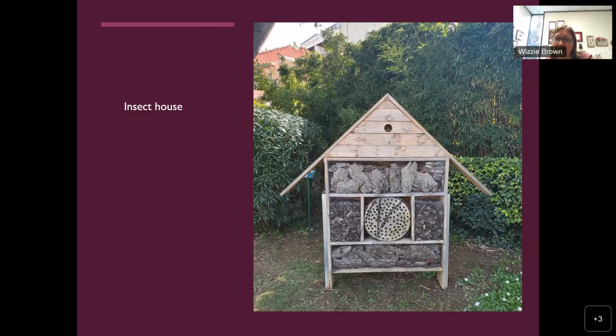You can also see that they put hardware cloth or stainless steel mesh screening over the front of it. That way it's going to keep out things like lizards and birds from getting in there and accessing those particular insects. So again, you can make it as big, as small, as fancy or low key as you want.